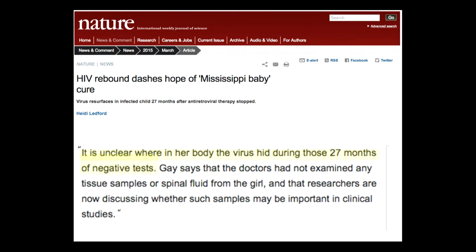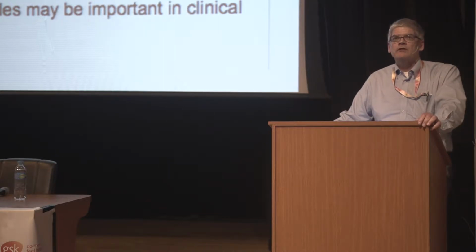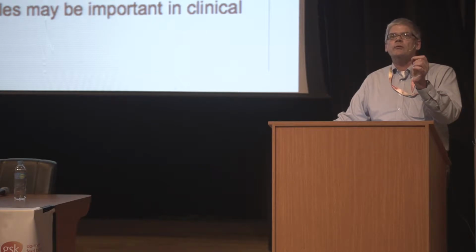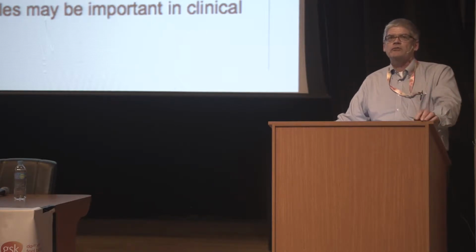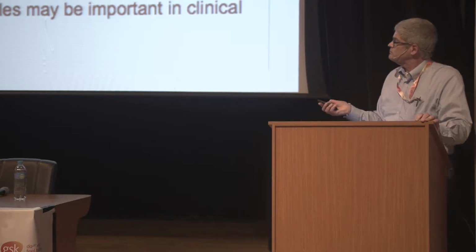The editorial said it is unclear where in her body the virus hid during those 27 months of negative tests. And so that's the first question we need to answer: where are the virus-infected cells predominantly, how important is that, and what's the dynamic nature of those cells with antiretroviral therapy and without antiretroviral therapy. And we can look at that, and we can answer some of those questions.